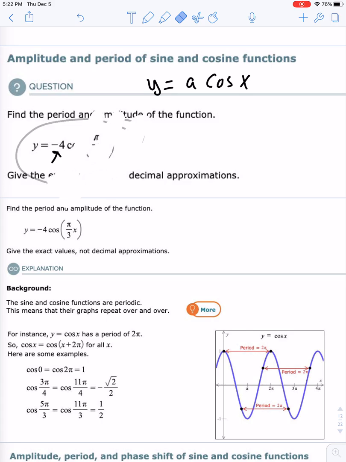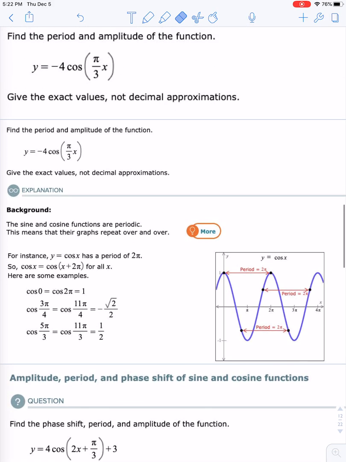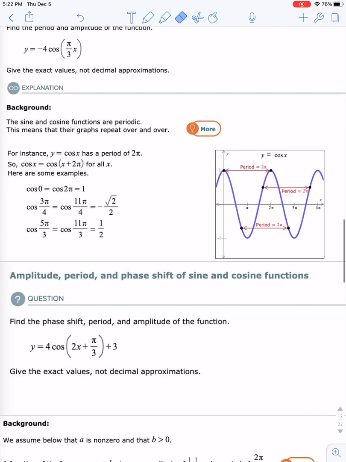The other thing we are asked to find is the period. I want to look at the graph of this function so that I can show you what it means when it's asking for the period. The easiest way to look at the period is to go from peak to peak.